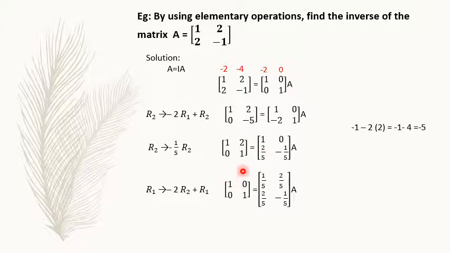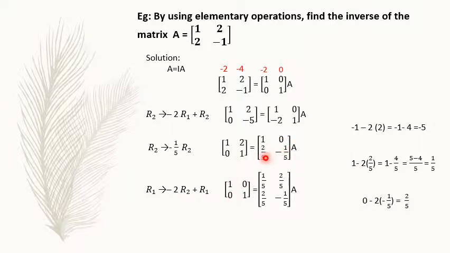Here, minus 2 into 0, 0; 0 plus 1, 1, so there is no change. Now, minus 2 into 1, minus 2; minus 2 plus 2, 0. That is, we get this matrix.